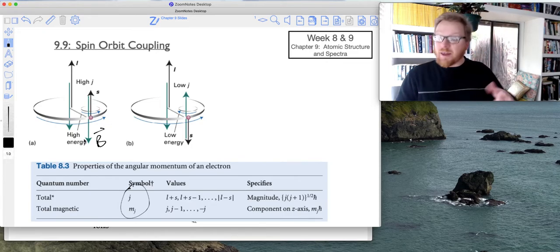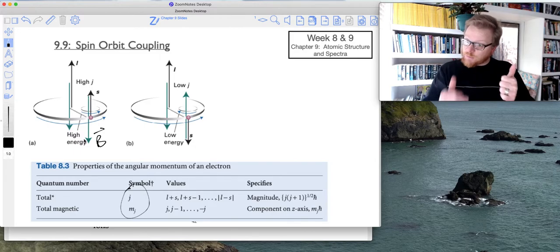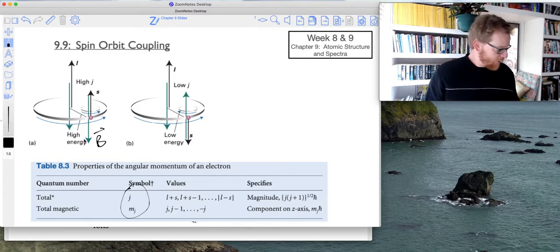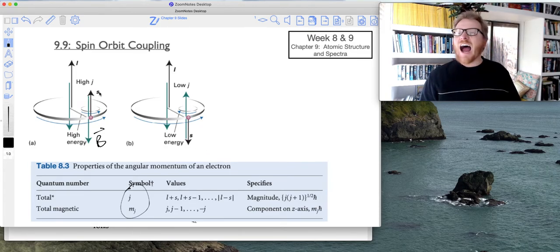Both are aligned, and as we shall see, this ends up corresponding to a higher energy state.